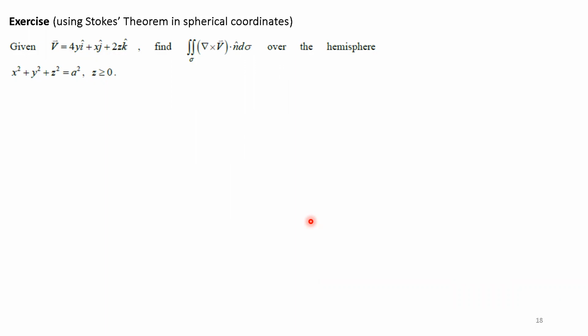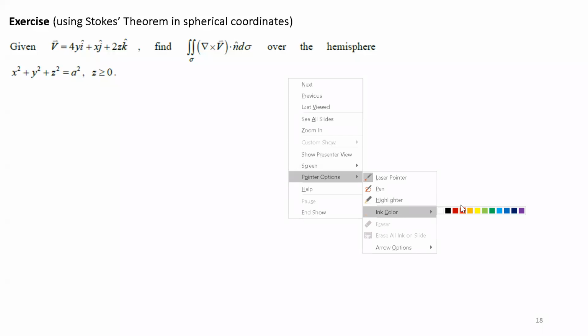So here, let's do one example again. I have a vector field, and I want to find the integral of the curl of v dot n.